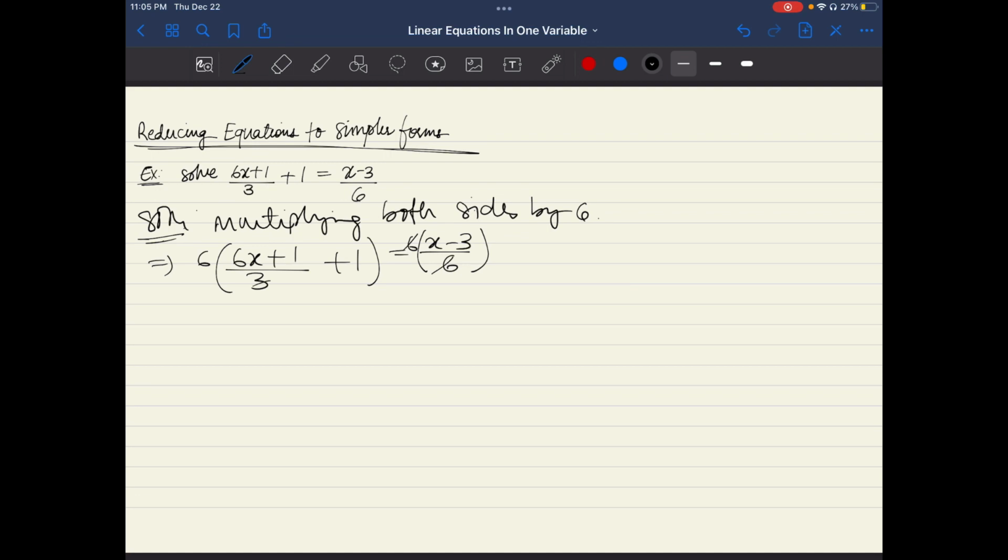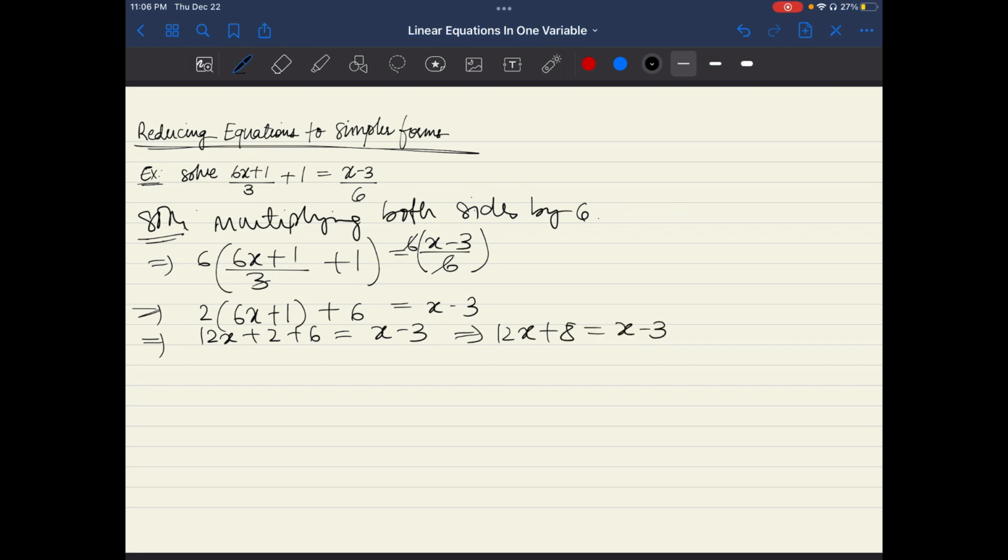In this case, we're left with 2 times (6x plus 1) plus 6 equals x minus 3, which turns out to be 12x plus 2 plus 6 equals x minus 3, which turns out to be 12x plus 8 equals x minus 3.